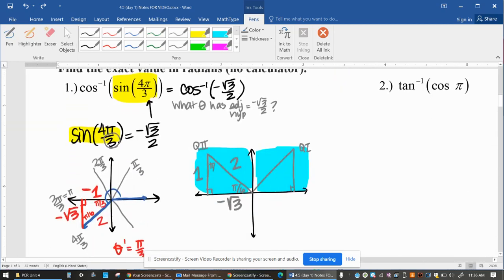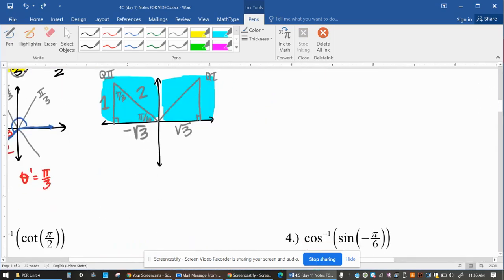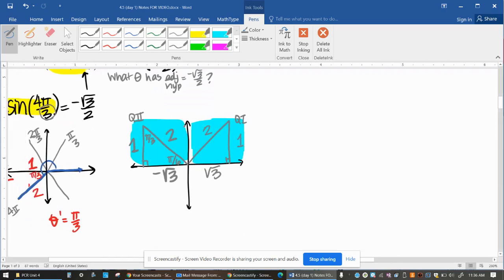I just realized I put pi over 6 when it should have been pi over 3 for 60 degrees, right? Our brains just tend to do that, associate things, right? So we think pi over 6 is 60. Nope, pi over 6 is 30 degrees. Now, if I had set it up in quadrant 1, the root 3 would have been positive, and that's not what I'm looking for. Right? I needed the ratio to be negative root 3 over 2.